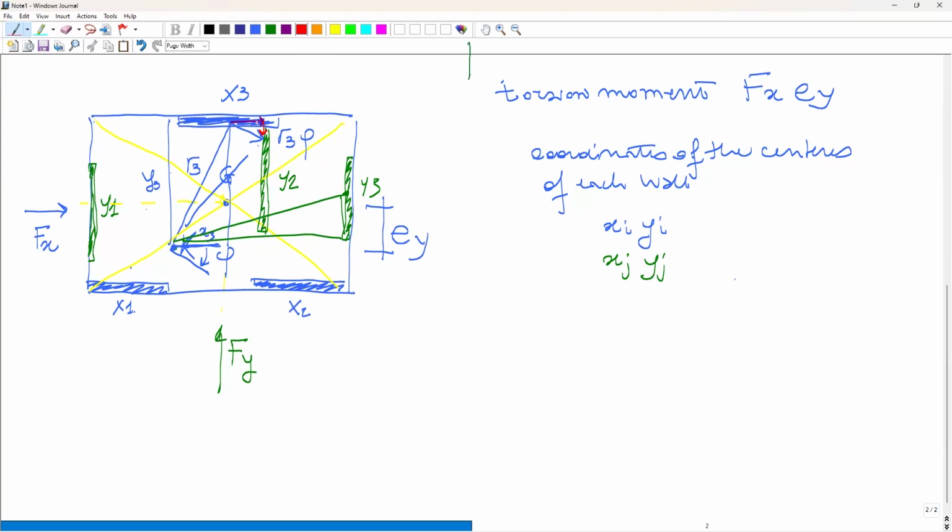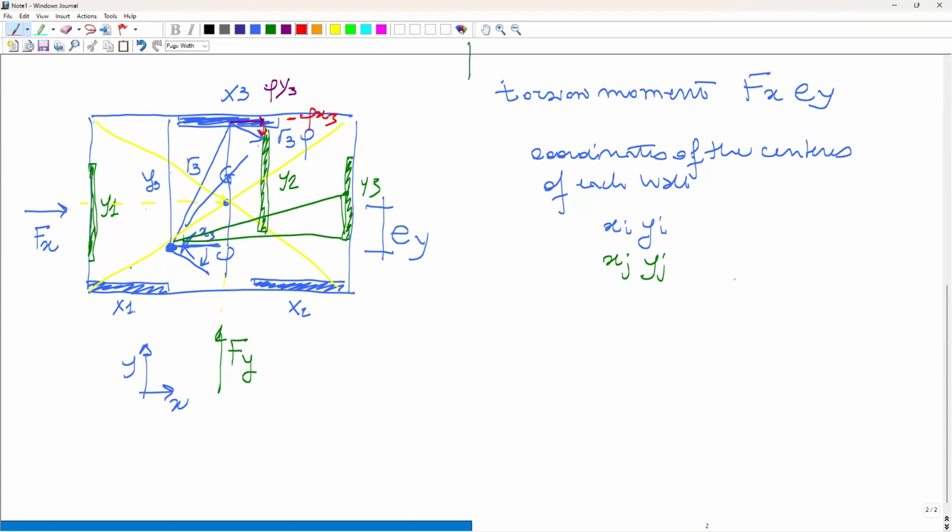The component along the x direction is equal to phi times y3. And the component along the y is equal to, well, we have not put signs here, but you can imagine that the axes are centered in this point, but they go like this, x and y. So actually, this one will be minus phi x3.